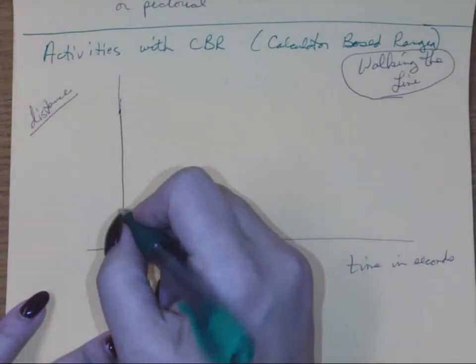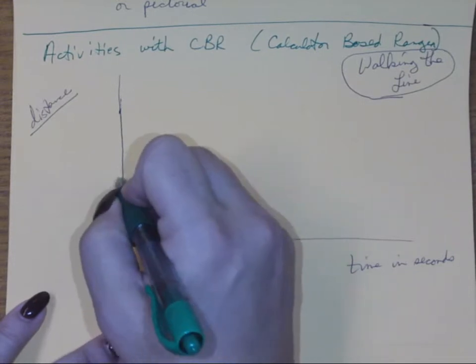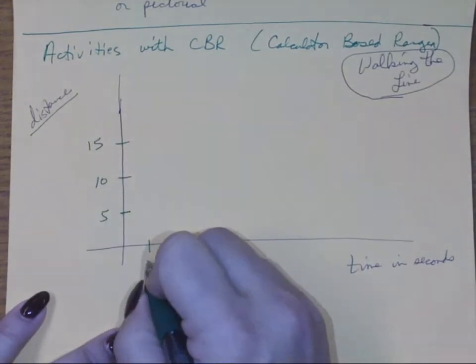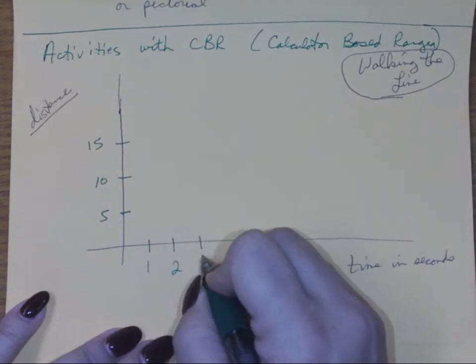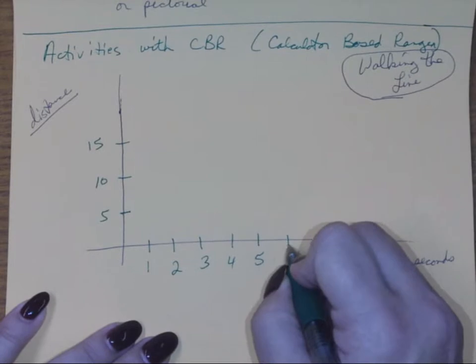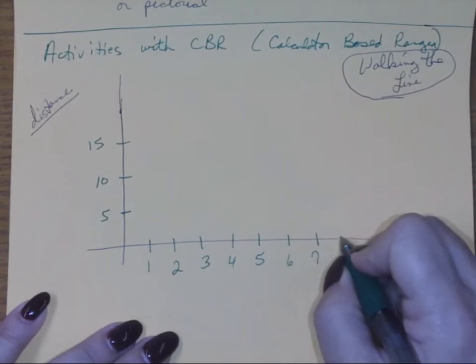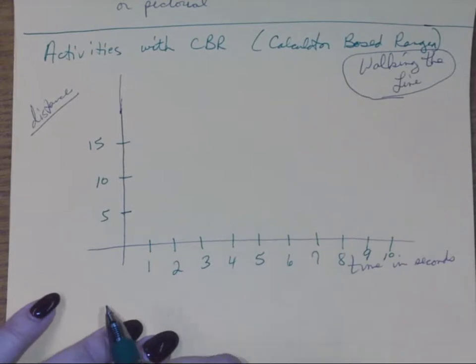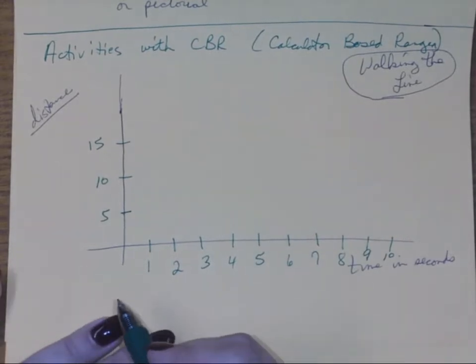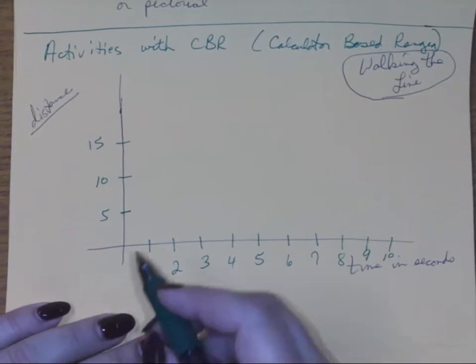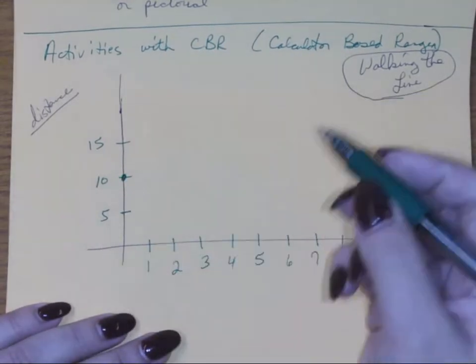So if I had a graph that looked like this, and I'm just going to go up to 15, and I'm going to go across. I'm just going to go to 10 seconds. And you can get the feel for what the activity would be, because it's a really cool activity. And like I say, if you're going to be a middle school teacher, you might look into these things for the technology end of things.